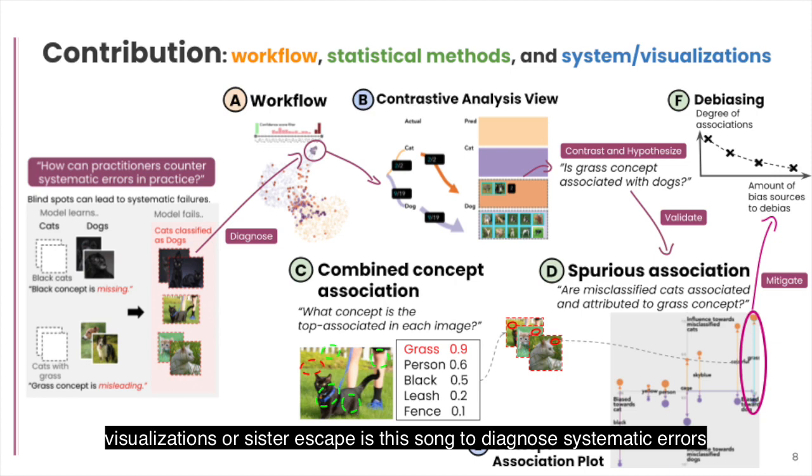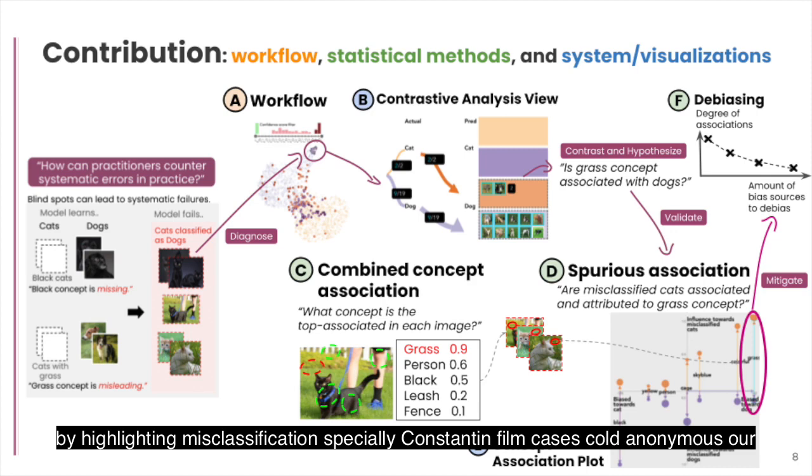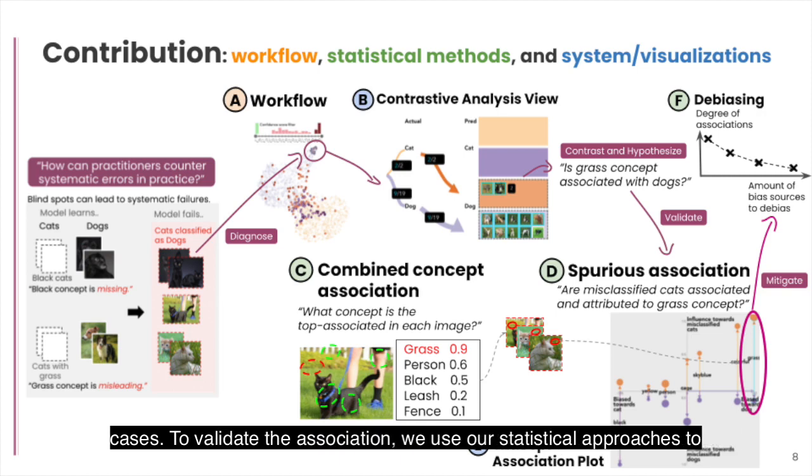Our system, Escape, is designed to diagnose systematic errors by highlighting misclassifications, especially confidently failed cases called unknown unknowns. Our system supports users to hypothesize the associations between concepts and classes. Then the contrastive analysis view helps users compare different predicted cases.